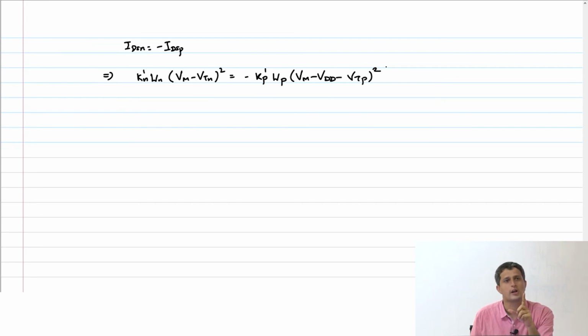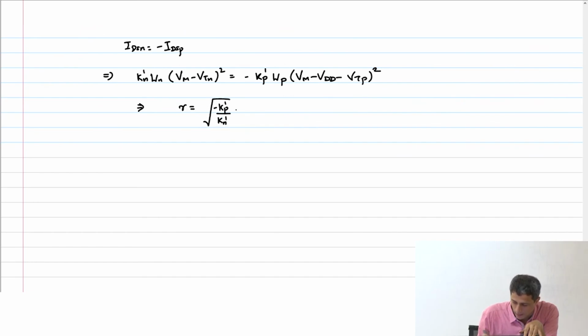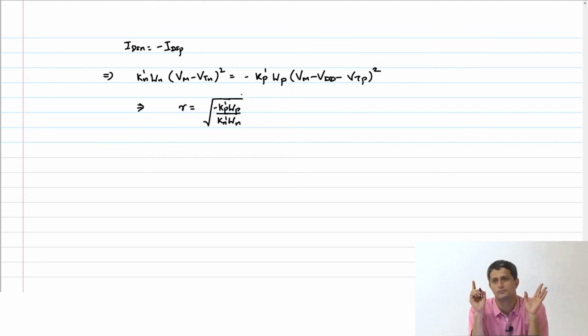So now there is a small trick. Of course I have a square, so that minus sign you should be careful about, but that's not the real issue, because minus Kp prime is a positive number. So if I define R as the root of minus Kp prime by Kn prime times Wp by Wn, Kp prime is a negative number, minus Kp prime is a positive number, therefore the square root is no problem.